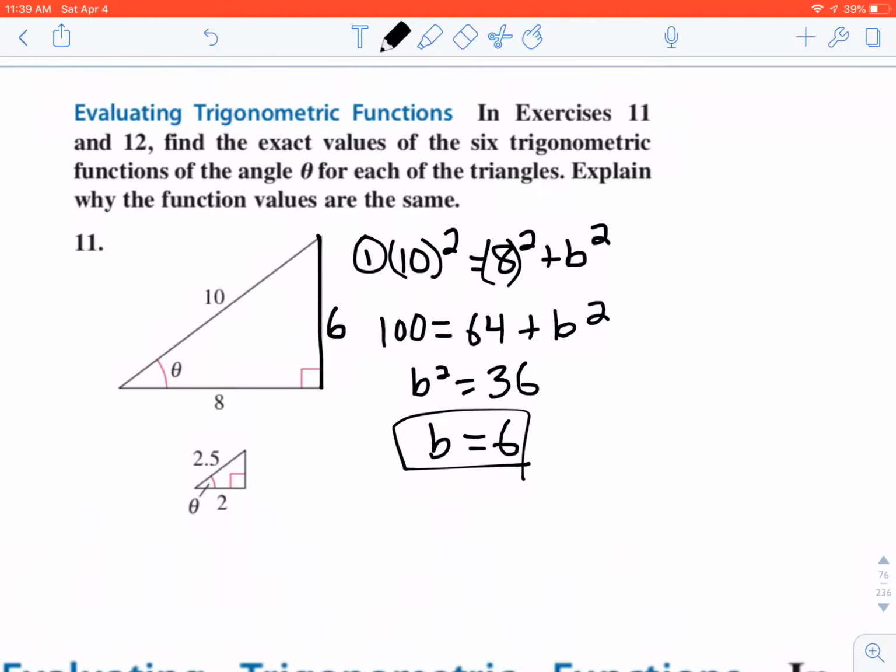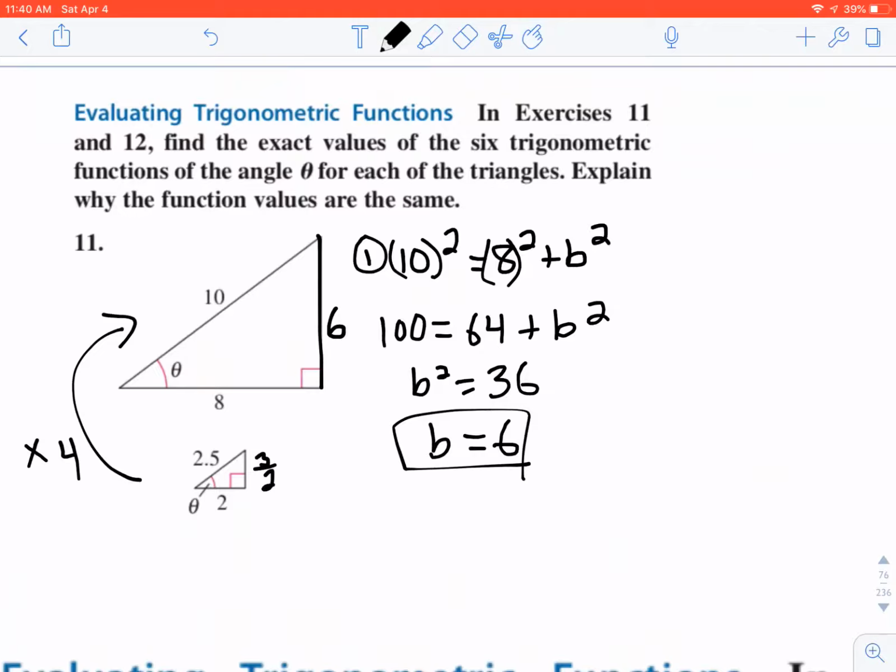Okay, so if we look at the smaller triangle to the larger, and I'm not going to do the work for the little one here, because these triangles are similar, their corresponding sides are going to be proportional. All you have to do to go from the small triangle to the big one is multiply all the sides by 4. Okay, this side would be 3 over 2. That 2.5 is just 5 over 2 on the small one.